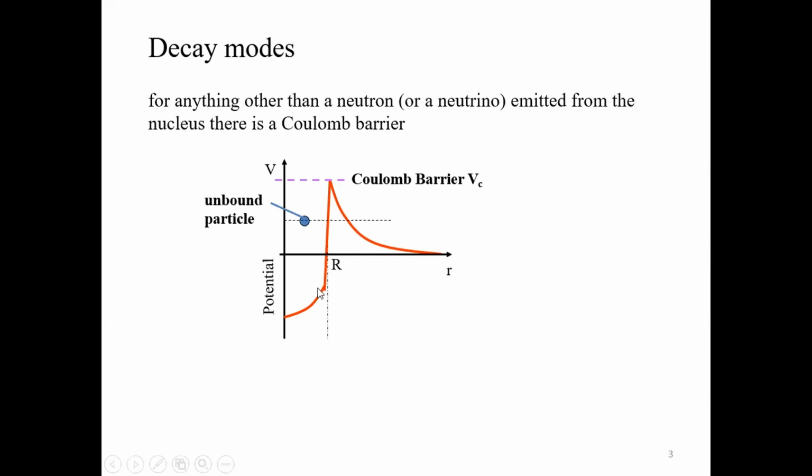And to get out of that bounded state, it has to gain energy and reach a certain higher level to penetrate through the Coulomb barrier. And the quantum mechanical treatment is showing us that there is a finite probability that the particle can get transmitted through this Coulomb barrier, and it can tunnel through, and the particle can also get reflected.